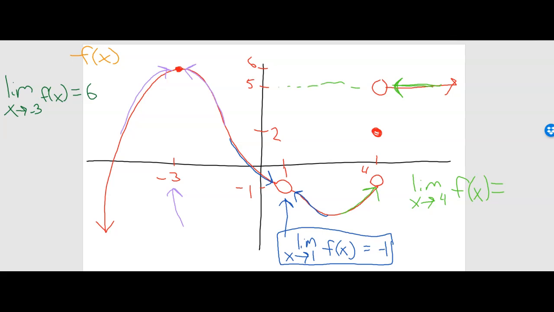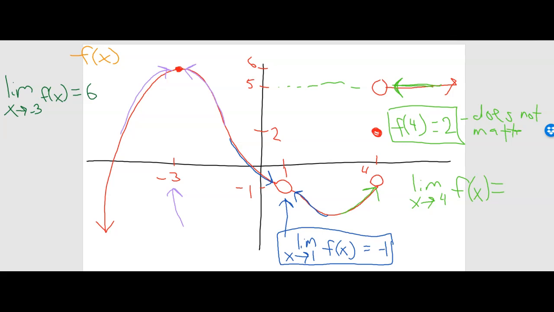y equals 5. And then we have a third thing going on here, the actual value of the function. So f of 4 is actually equal to 2. Okay, now this does not matter.